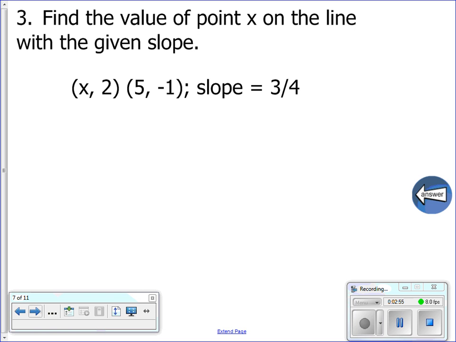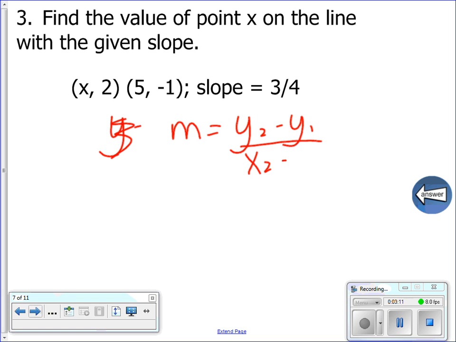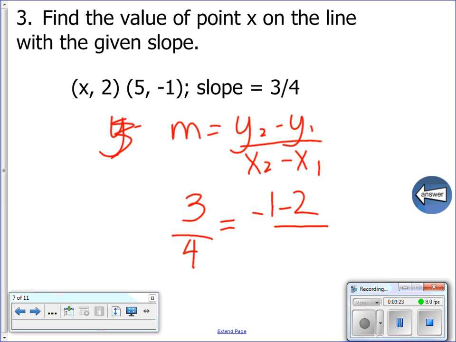All right, in this one, we want to find the value of x if we're given the slope. So we're going to use that equation, m equals y2 minus y1 over x2 minus x1. So we know that our slope is 3 over 4, is equal to -1 minus 2 over 5 minus x.